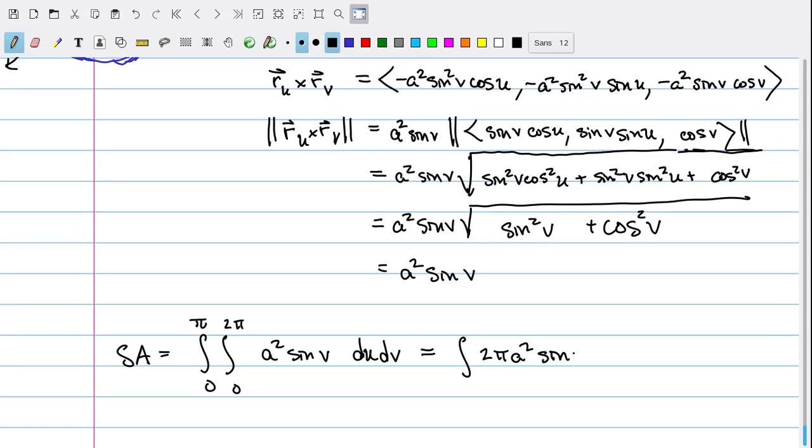Well, let's just integrate the u first. So it'll be the integral from 0 to pi of 2 pi a squared sine v. When I integrate that, I'm going to end up with 4 pi a squared.